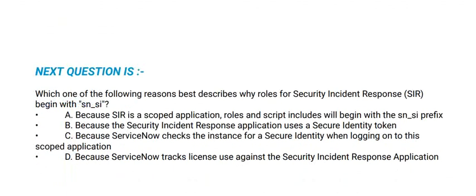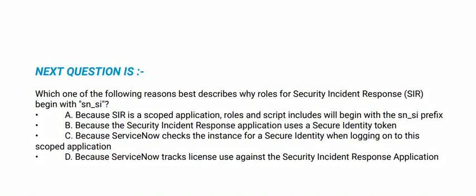Next question is, which one of the following reasons best describes why roles for security incident response begin with SN_SI? Options are option A, because SIR is a scoped application, rules and script includes will begin with the SN_SI prefix.